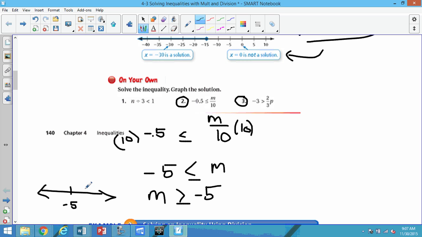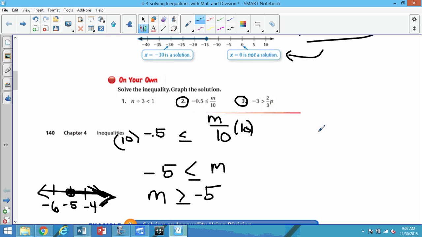So if this is negative 5, then this is going to be negative 4, and then over here is going to be negative 6. Okay, and m is bigger than or equal to negative 5. So you're going to put a circle on negative 5, darken it in, and then darken in your line and your arrow going to the right, following the direction of your sign. Remembering, because I flipped that so that I could follow the direction of my sign.